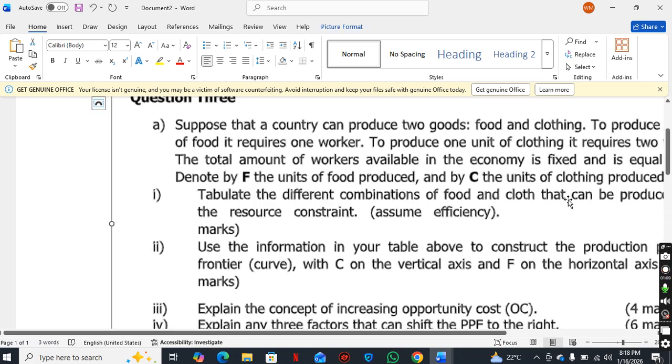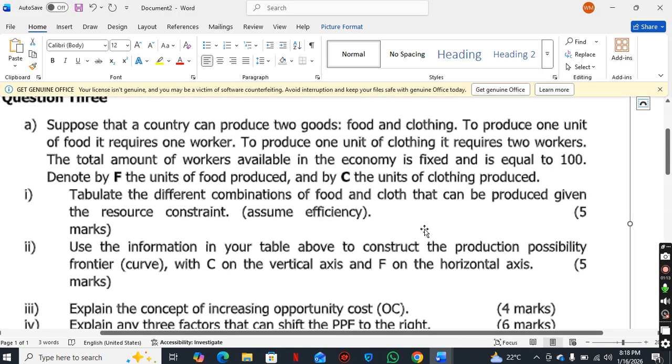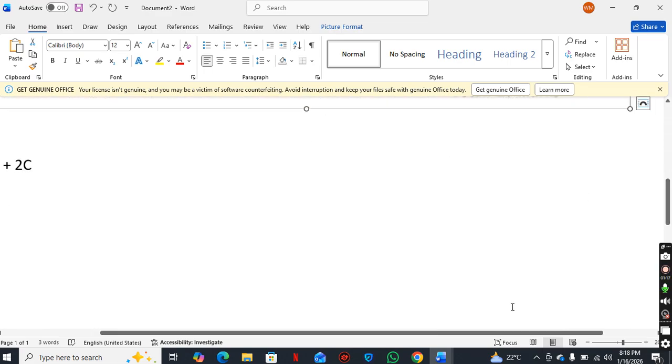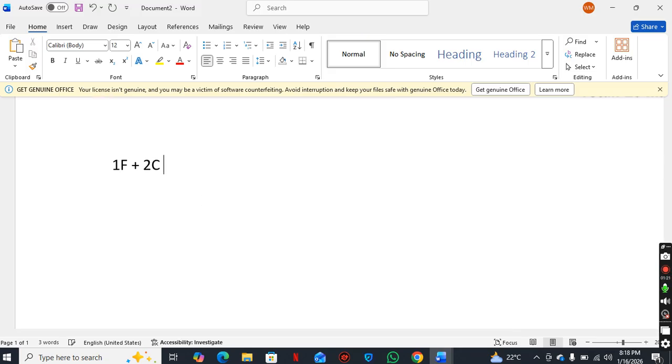Yes, 1 unit of clothing needs 2 workers. So we're going to put it like this, and we've got 100 workers. So this is the equation we can make. This equation is going to help us get our combinations.